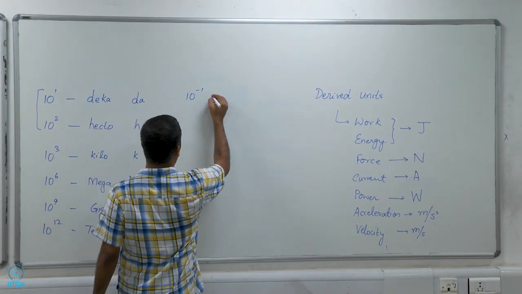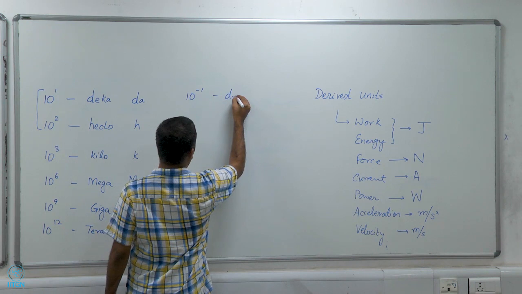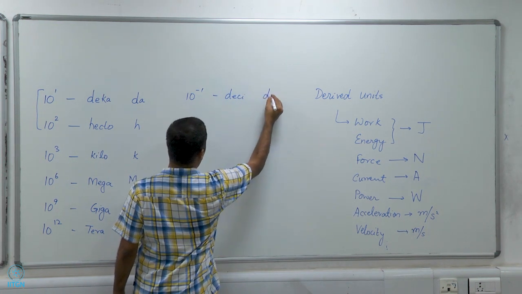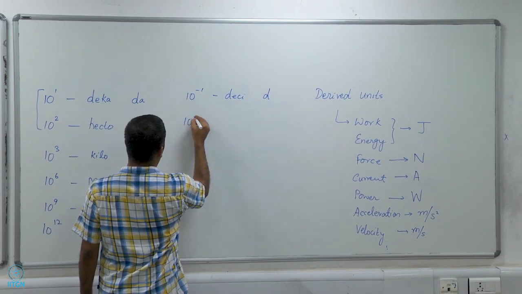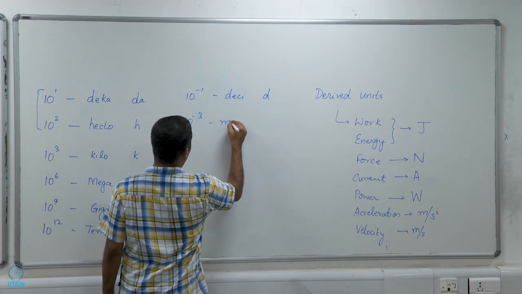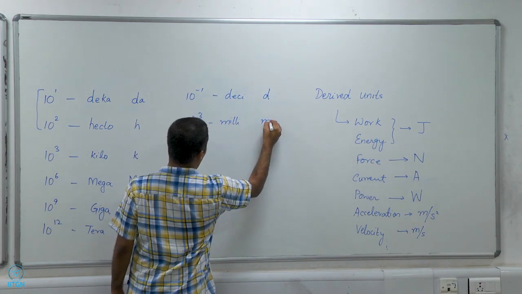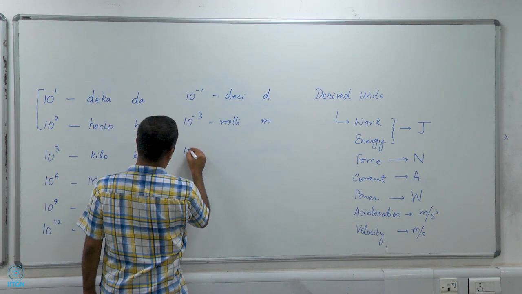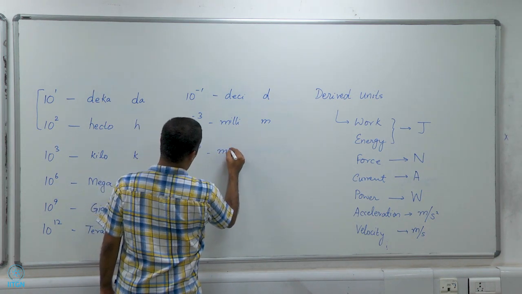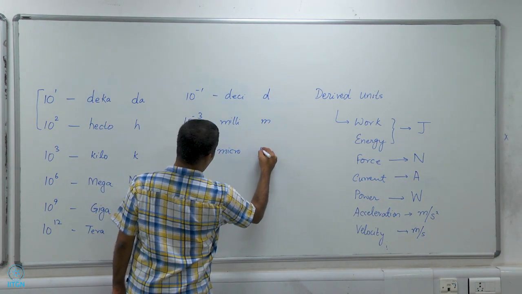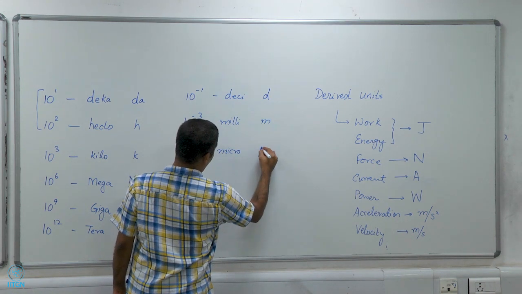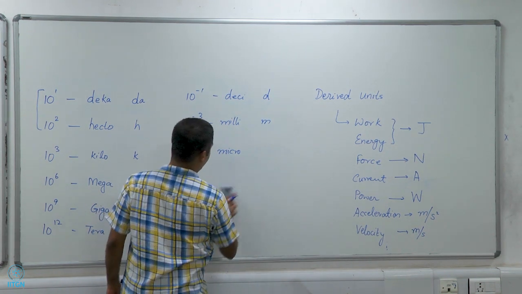So, 10 power minus 1 is 0.1 and that is deci, and the multiplier is d. 10 power minus 3 is milli, and that is m. 10 power minus 6 is micro, and that is mu, the Greek letter mu, right.